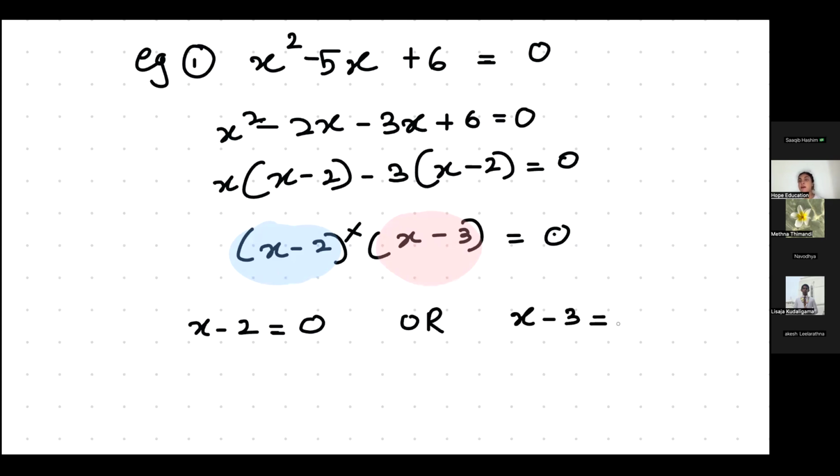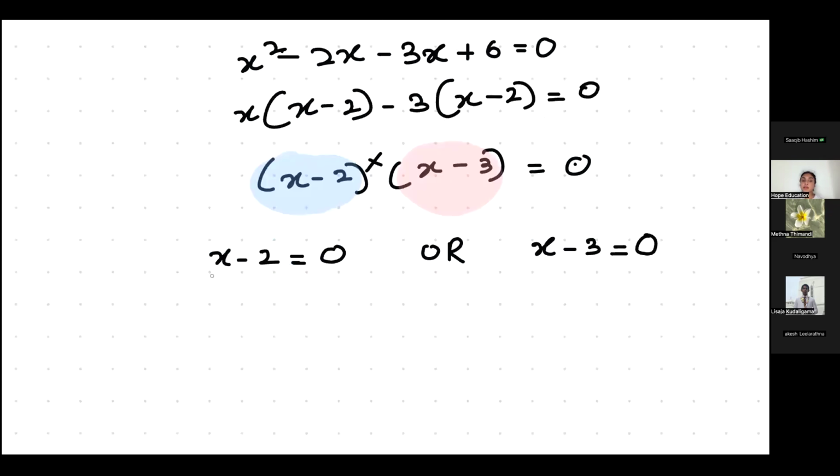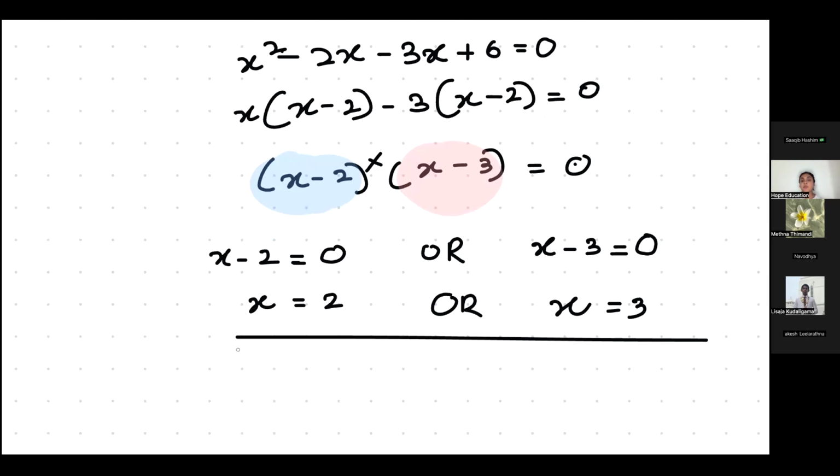One of these is definitely 0. Now x minus 2 equals 0 means, moving it to the other side, it becomes plus 2. Or x minus 3, moved to the other side, becomes plus 3. So that means the value of x can be either 2 or 3.